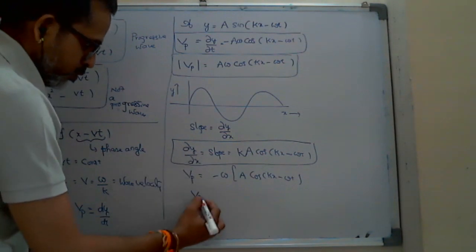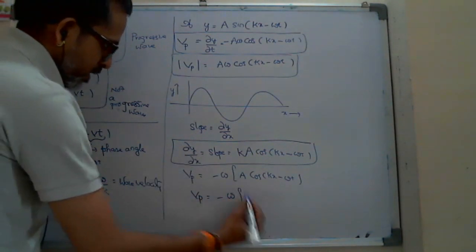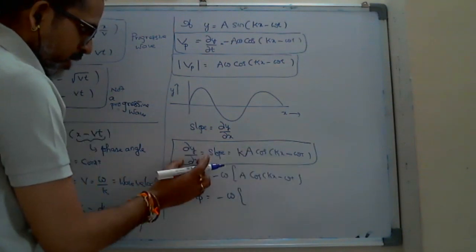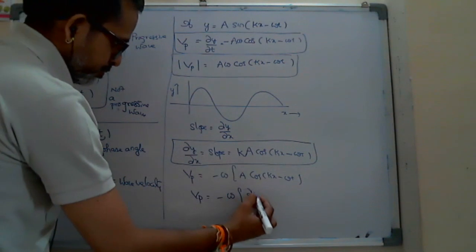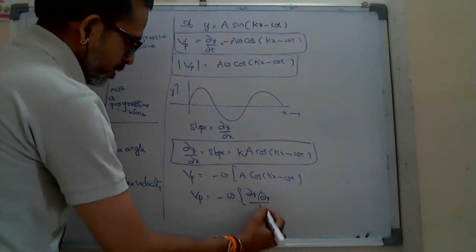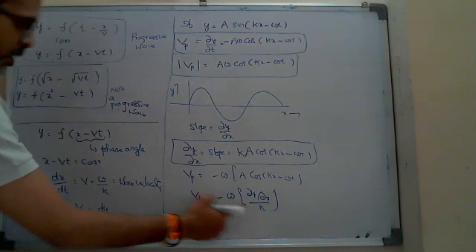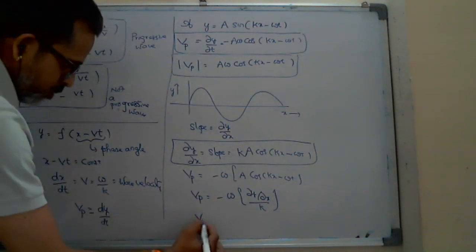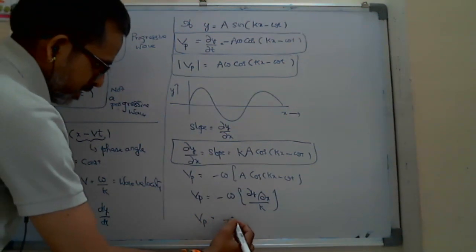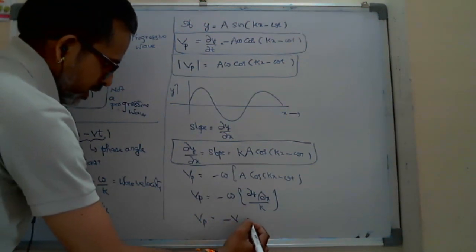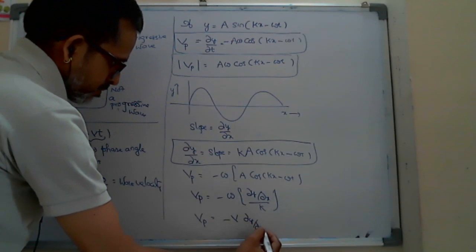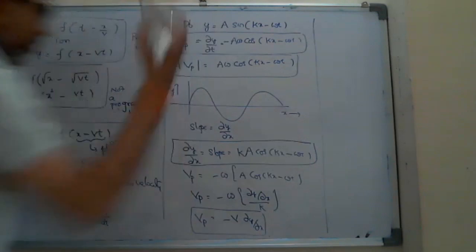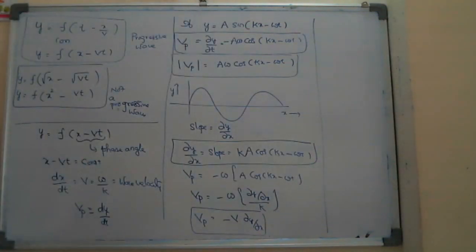So if I substitute there, I will get minus omega into dou y by dou x divided by k. Omega by k is nothing but the wave velocity. So the velocity of the particle equals minus the velocity of the wave into dou y by dou x. From this equation, sometimes they may ask a few questions.